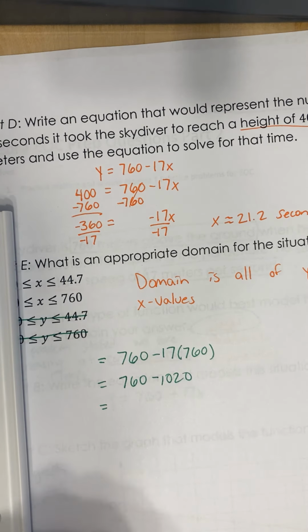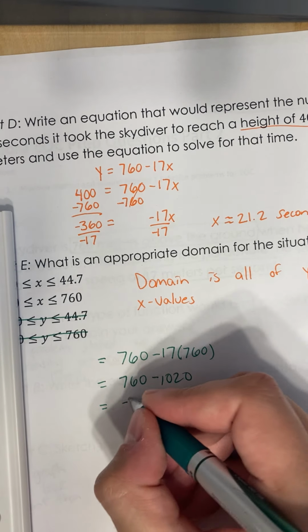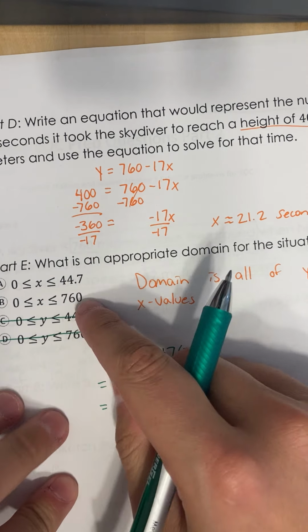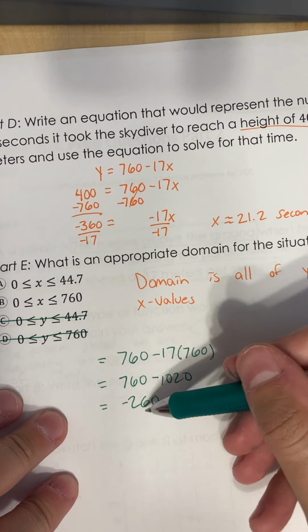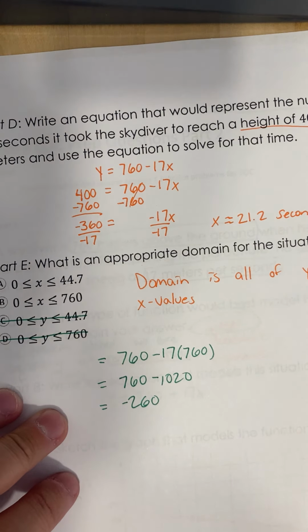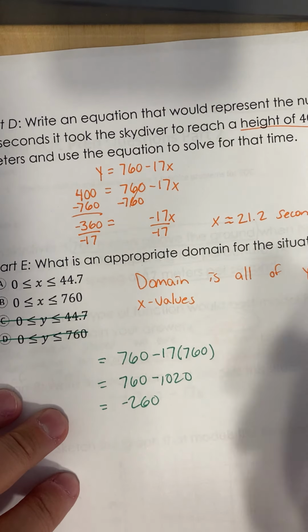So we're gonna get a negative number here, and we get negative 260. Does it make sense for our skydiver to be at a height of negative 260? Not really, unless you're talking about going below sea level, and no, so not really.